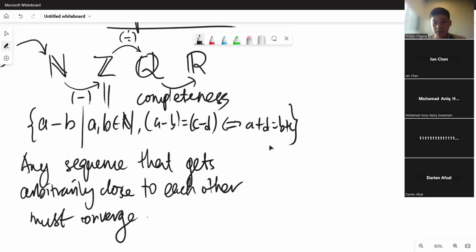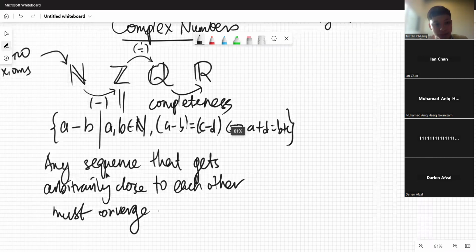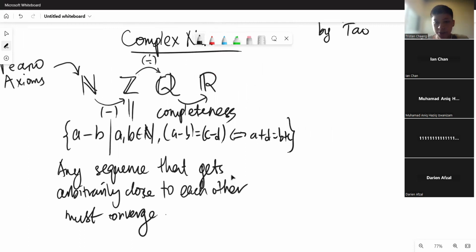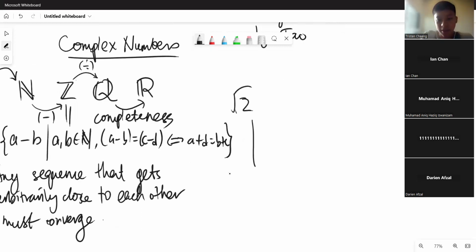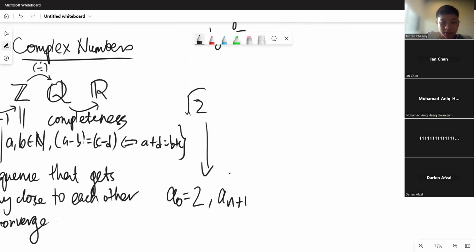For example, square root 2 is not in Q, but it is the limit of this sequence. I'm not sure if I have it in the notes, but a_0 equals 2, a_{n+1} equals, I think, a_n over 2 plus 1 over a_n, if I'm not wrong.